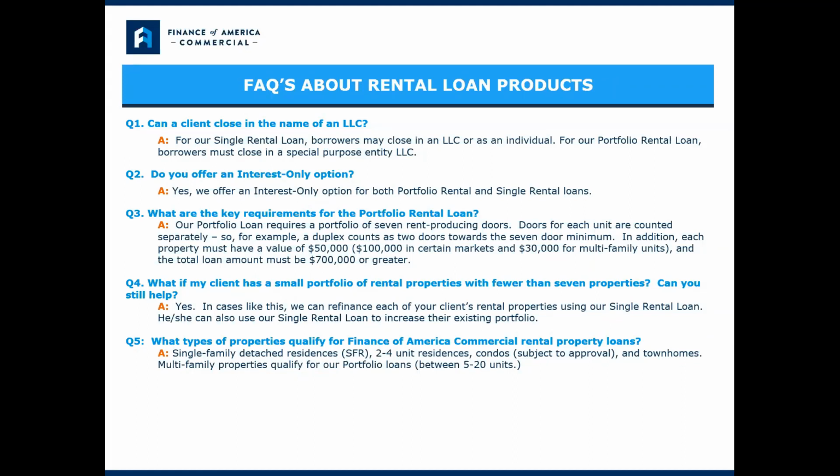So we break the portfolio up and use the single rental loan to take down the properties they do have, putting them on a fixed rate for 30 years based on the cash flow.